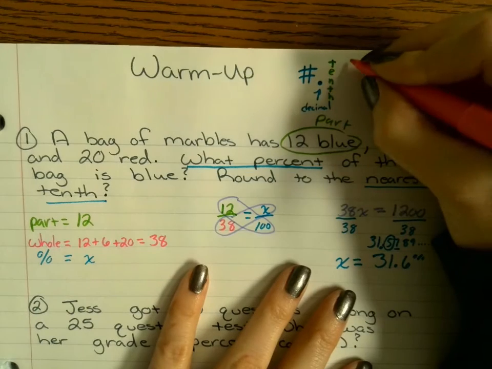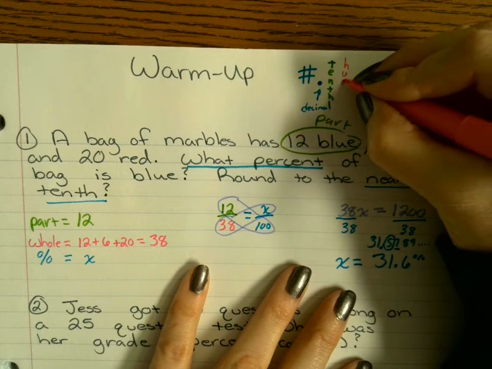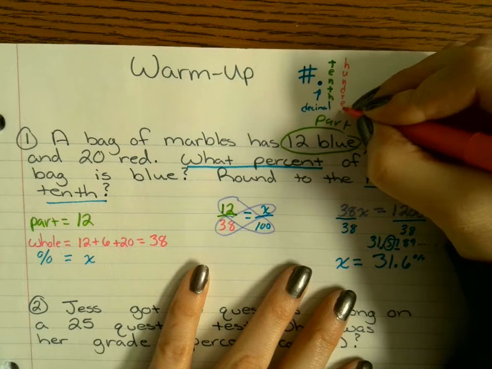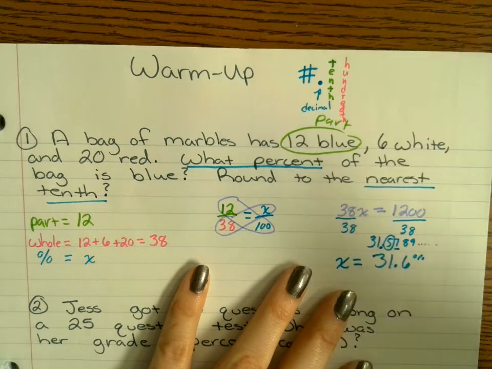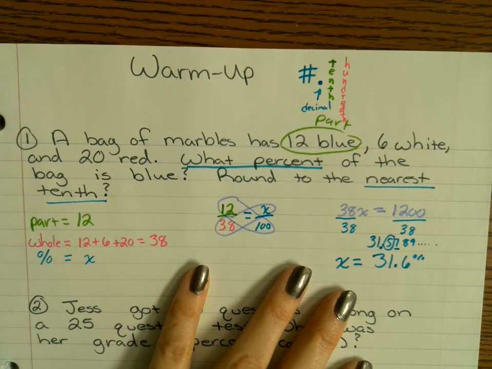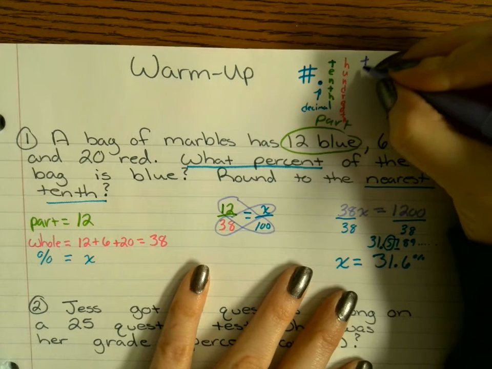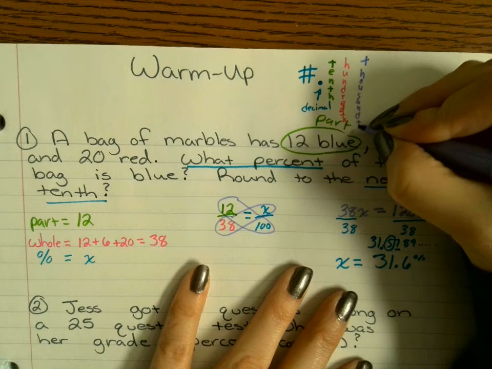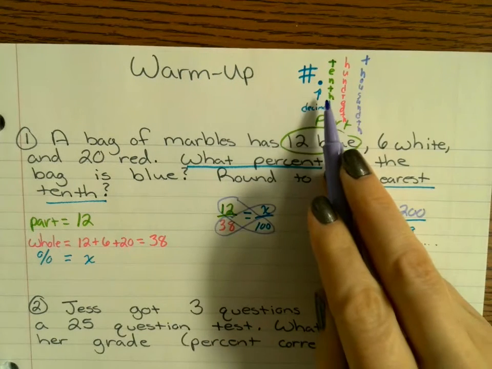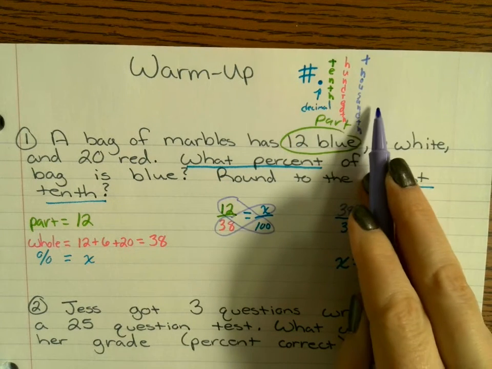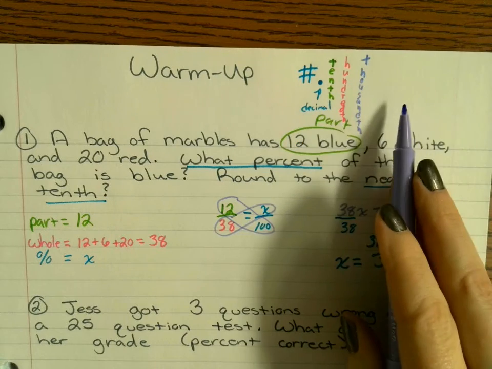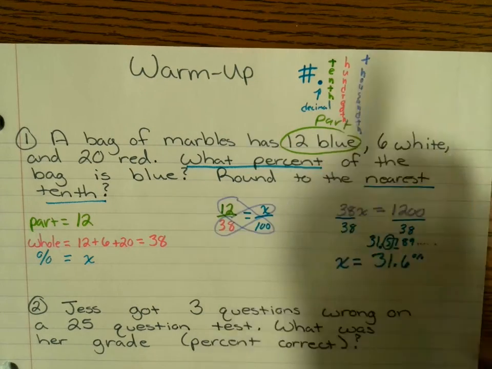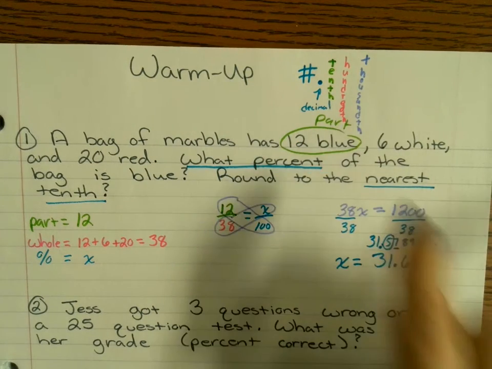Then you're going to have the hundredths. Then you're going to have your thousandths. Okay, so it's going to keep going: 10th, 100th, 1,000th. Then you have 10,000th, 100,000th, millionth.